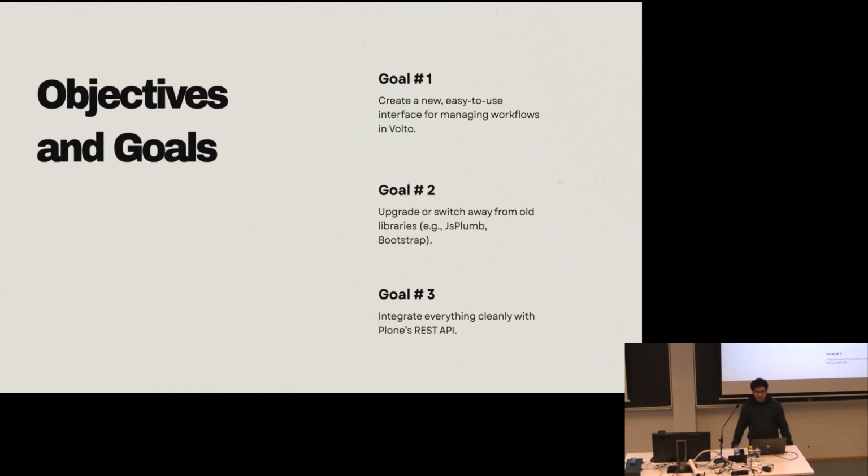So the old workflow manager used Python 2, which is deprecated. I switched it to Python 3. The libraries also include something like jQuery and Bootstrap. And since Volto is going to be using React Aria in the new version 7, I had to switch up, and I used the React Spectrum library for the UI and React Flow for the graph-based editor.